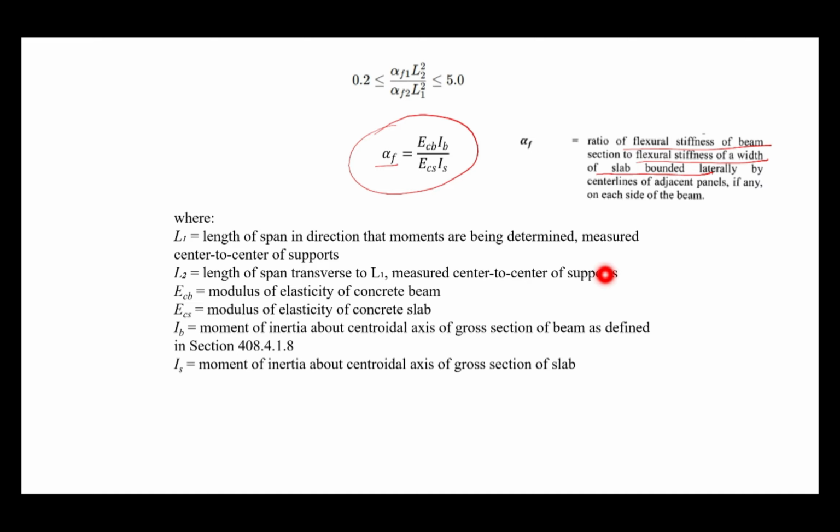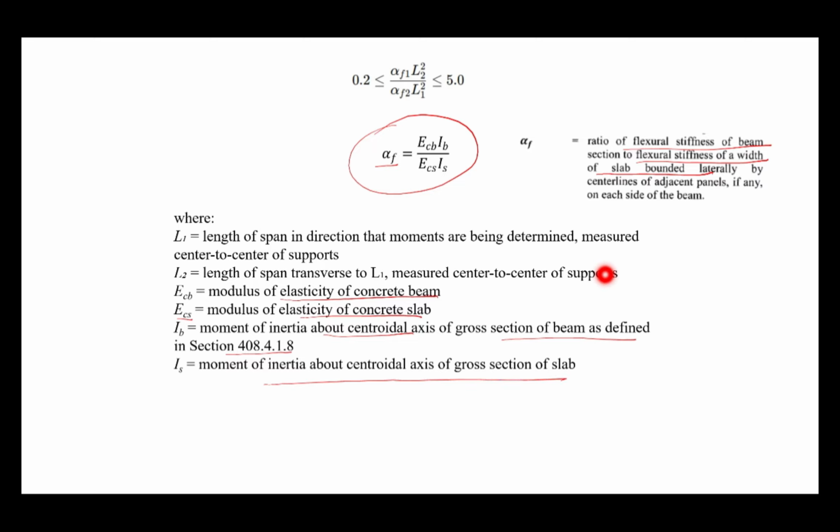Okay, ECB refers to the modulus of elasticity of the concrete beam, and ECS refers to the modulus of elasticity of concrete slab, and IB is the moment of inertia about centroidal axis of cross section of beam as defined in this section. Okay, and IS is the moment of inertia about centroidal axis of cross section of slab.